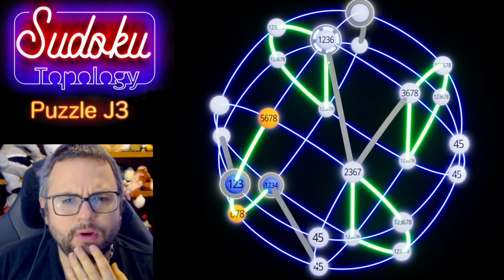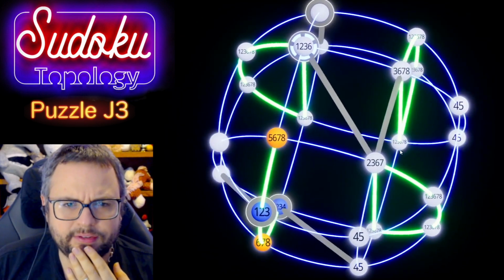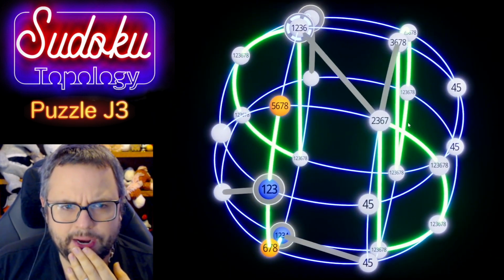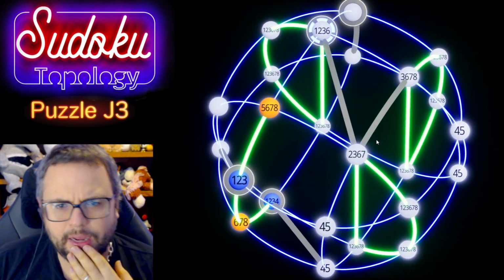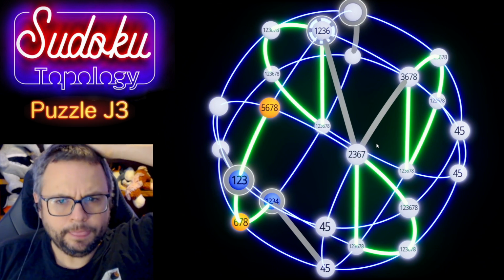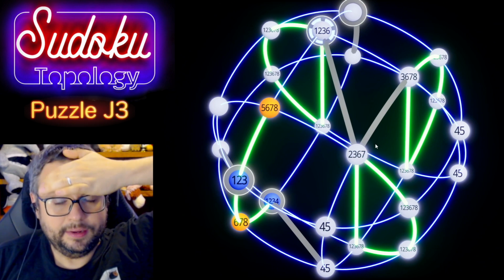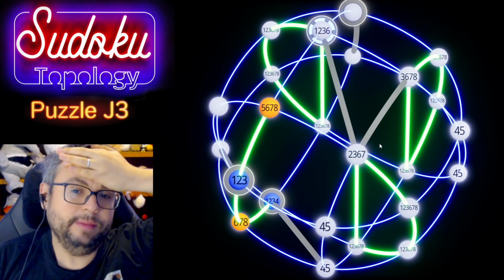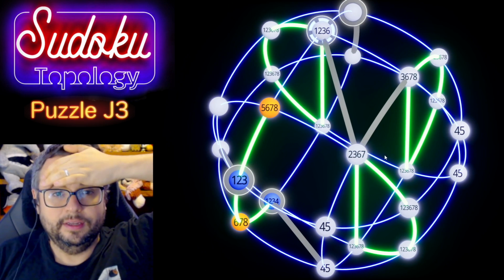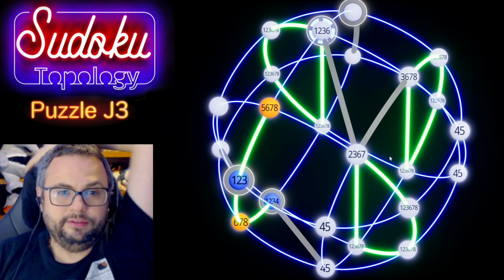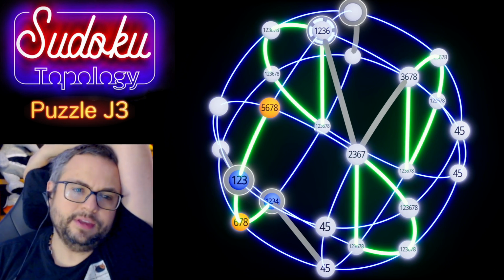Okay, so why does it break if this is a 6 is the question that my brain wants to answer. I just assume it has to break if this is a 6, because it feels like that would be the natural thing.